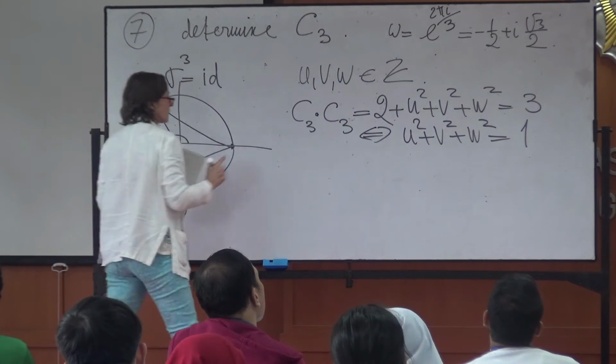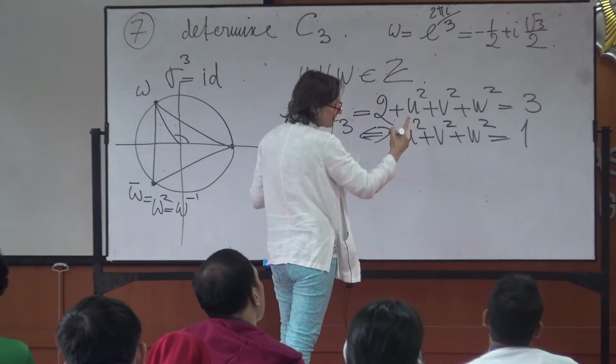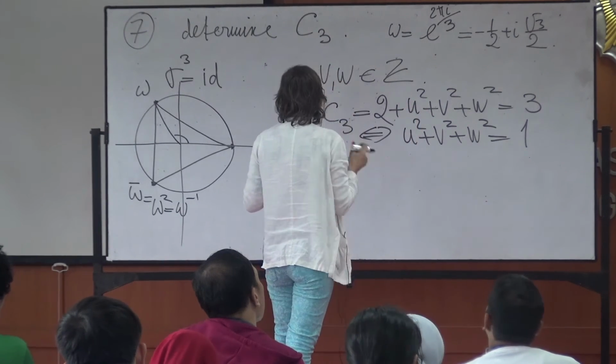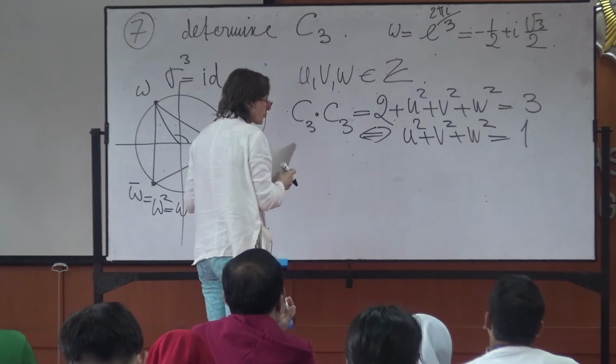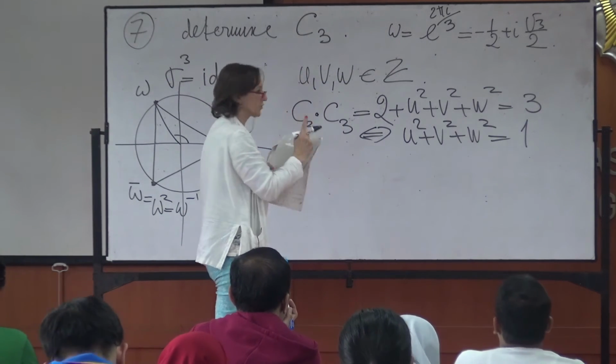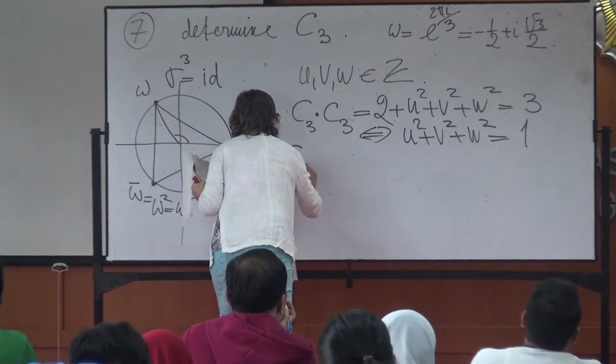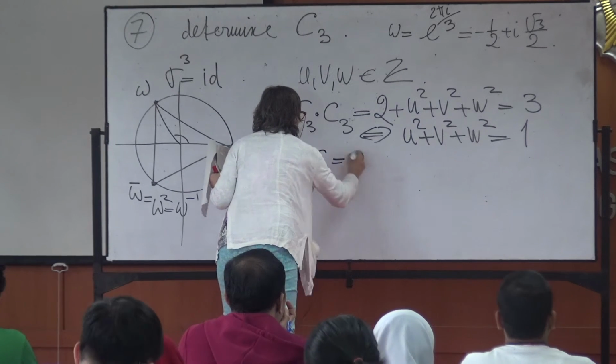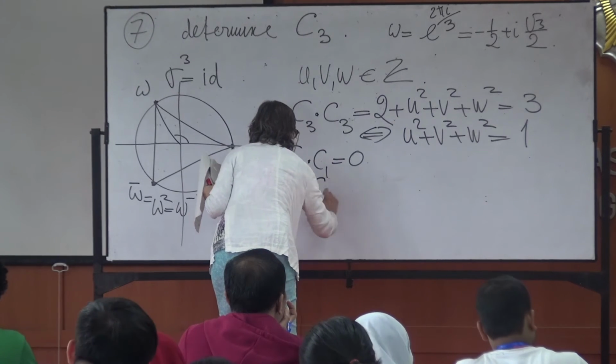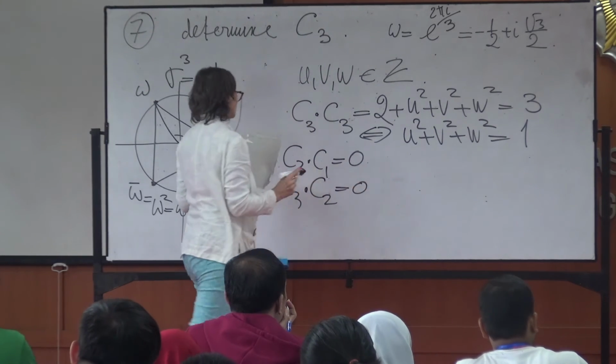Then we can use the fact that C3 has to be orthogonal both to C1 and to C2. So C3 dot C1 has to be 0, and C3 dot C2 has to be 0.